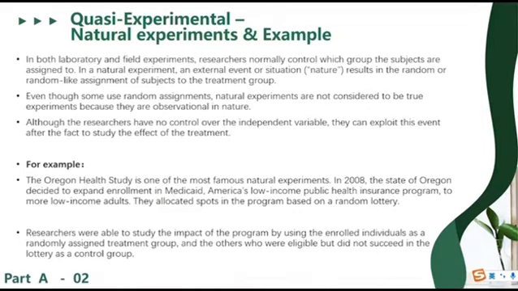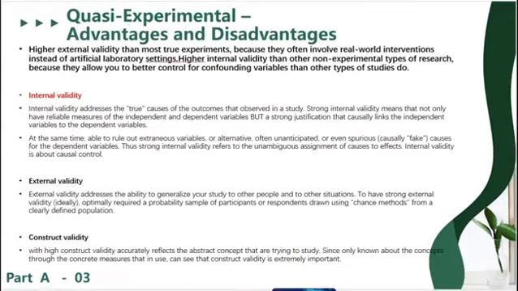Okay, next, my team member Zhou Dandan will introduce CRISI experimental advantages and disadvantages. In the performance of CRISI experimental effectiveness, we can test our research results through internal validity, external validity, and construct validity.